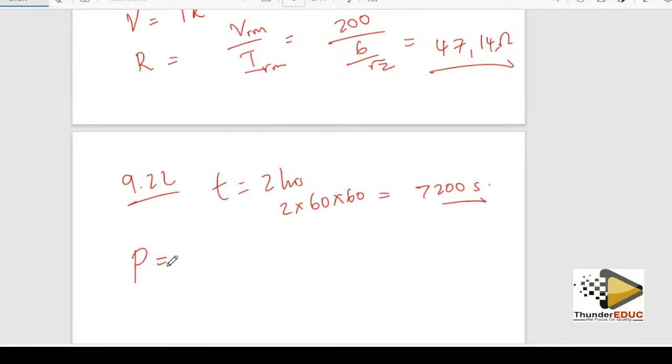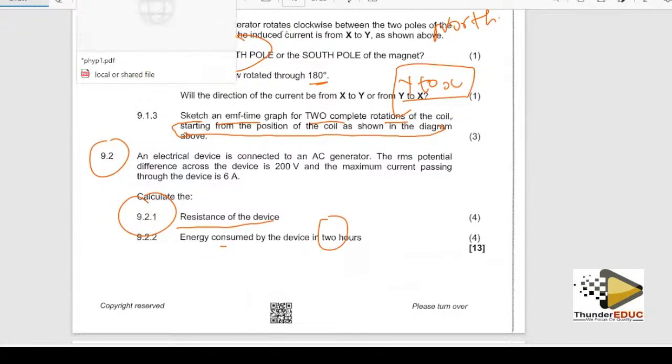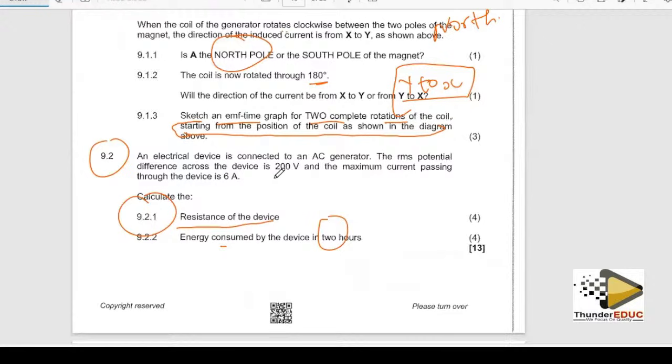From the formula of power, we know that power is the work done over the time. What do we have? We have the power, current, and the voltage. We can use that. We want the energy.